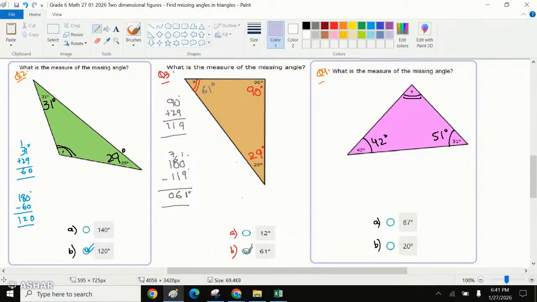Question number 4 should be, when we add the numbers together, 2 plus 1 is 3. 93, right? Yes, 87. Thank you. Because 180 minus 93 would be 87.